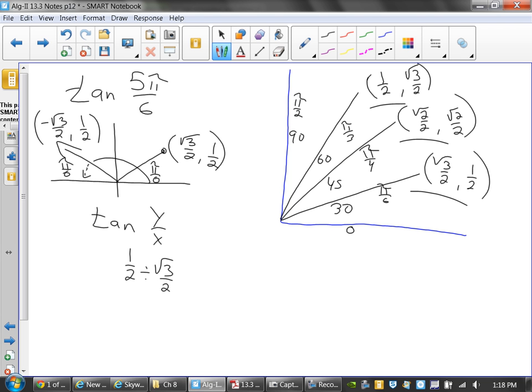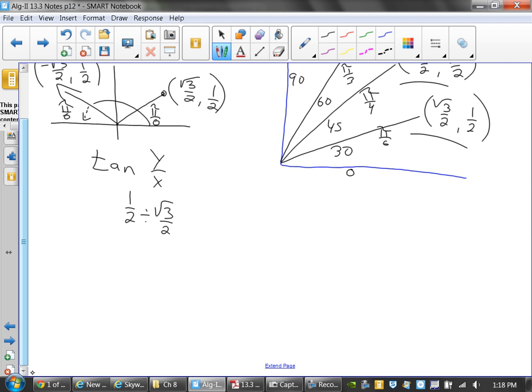When you're dividing by fractions, what are you doing? What does that become then? There's your answer. Now, it's in the second quadrant though, so it's negative. Negative root 3 over 3.